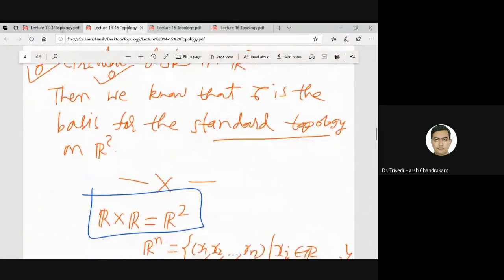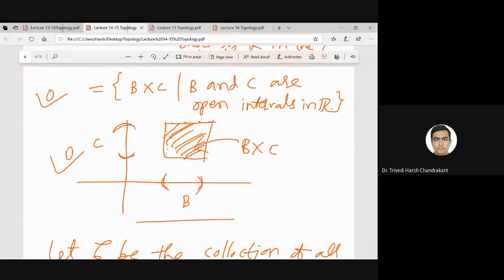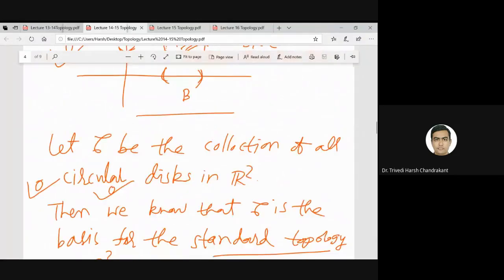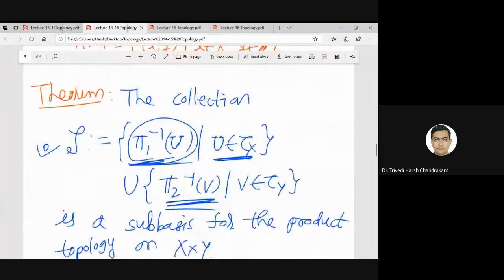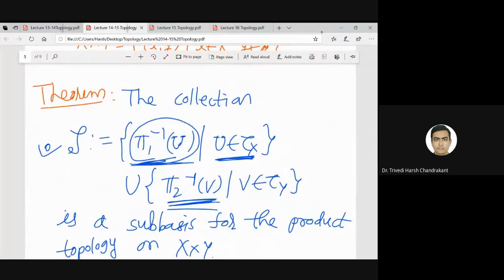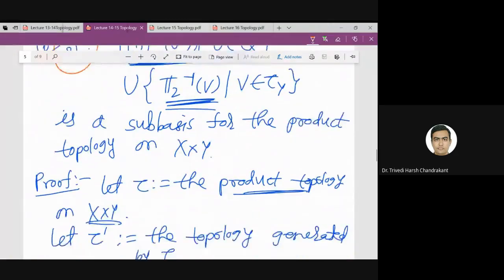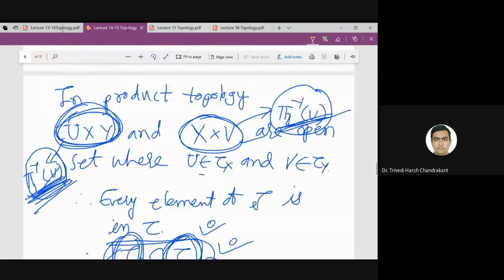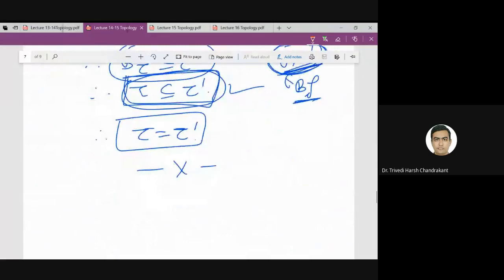We know that if I take a vertical and a horizontal strip and then intersect, then I get U cross V basically. So this is the result. So this forms a sub-basis of X cross Y of the product topology on X cross Y, and so that is this lecture.